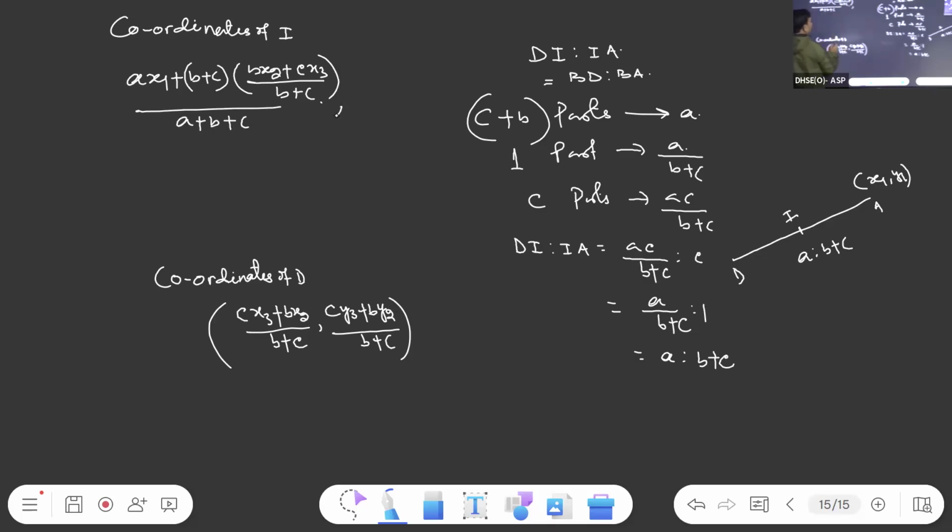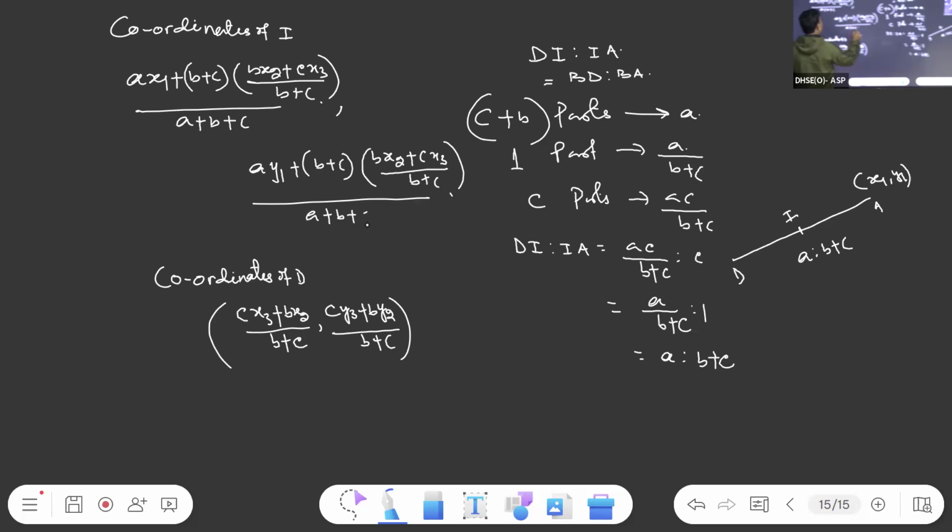Similarly, the y coordinate will be A y1 plus (B plus C) whole into (B y2 plus C y3) upon B plus C, whole divided by A plus B plus C. Here B plus C cancels.